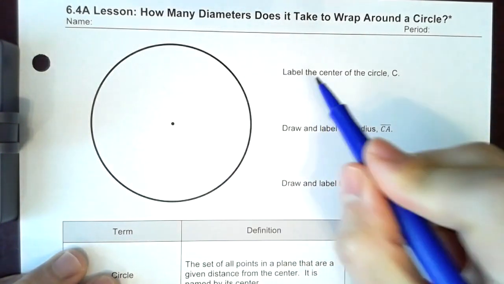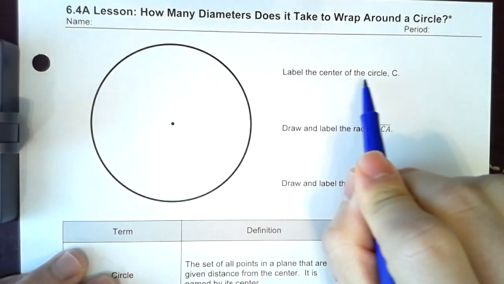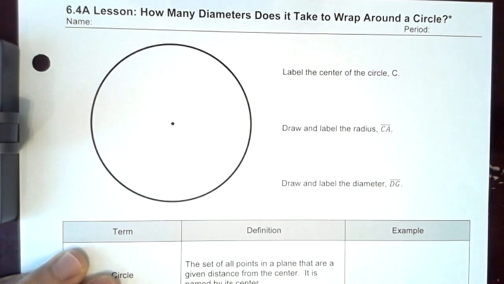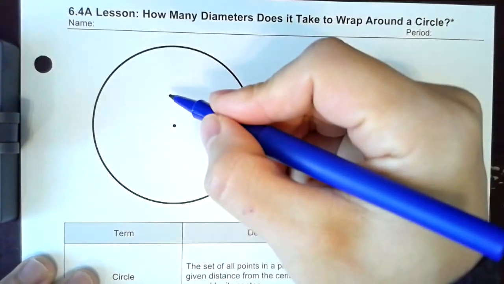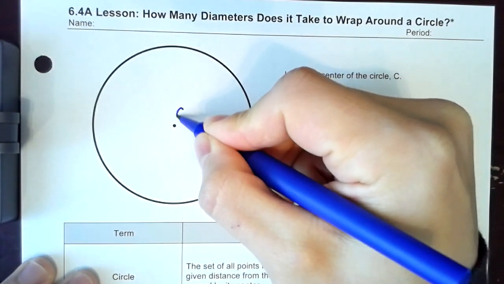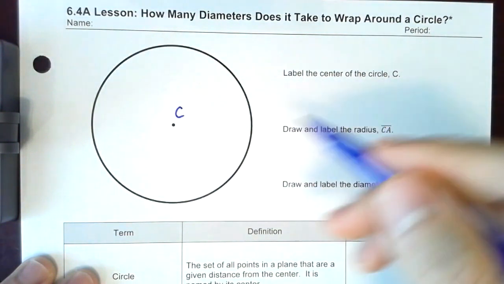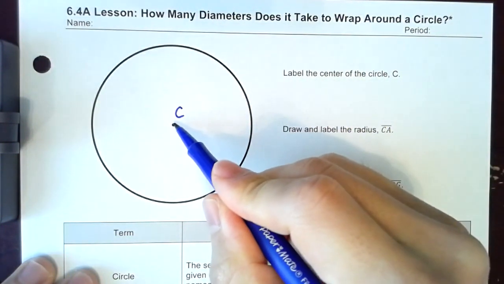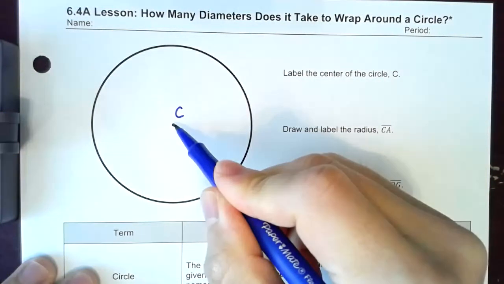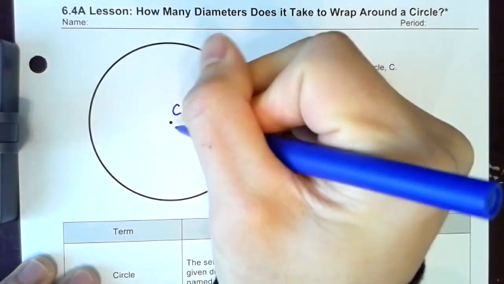So the first part of the lesson says to label the center of a circle. Hopefully you're familiar with circles and you've learned about circles in the past. We know that a circle by definition is the shape where there's a center and there's something that we call a radius, right?